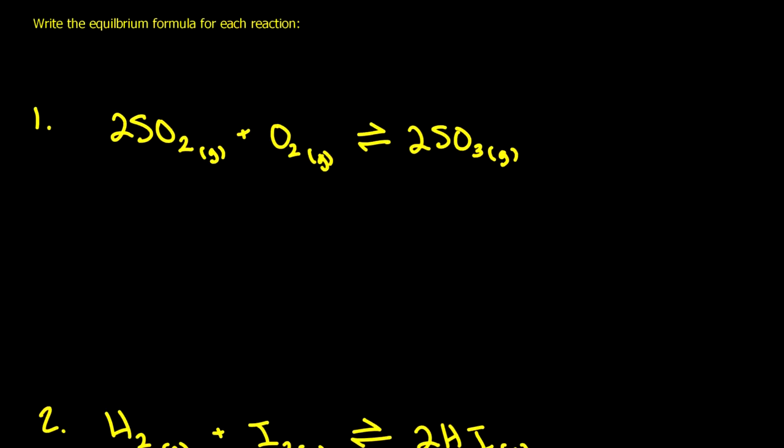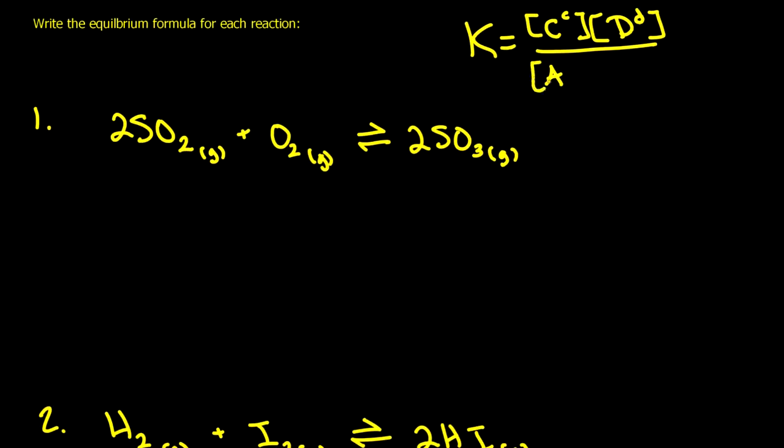Alright, let's practice writing the formula a few times because you gotta have that down before you can proceed any past this point. If you can't write the formula, you're just going to be dead in the water. So we're going to write the equilibrium formula for each reaction. Our base formula is K equals concentration of products, which we know to be concentration of C to its power times the concentration of D to its power over the reactants, which is going to be concentration of A to its power times the concentration of B to its power.